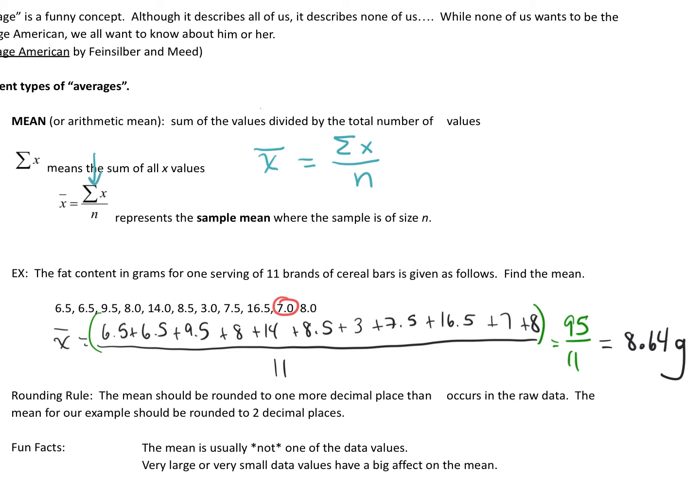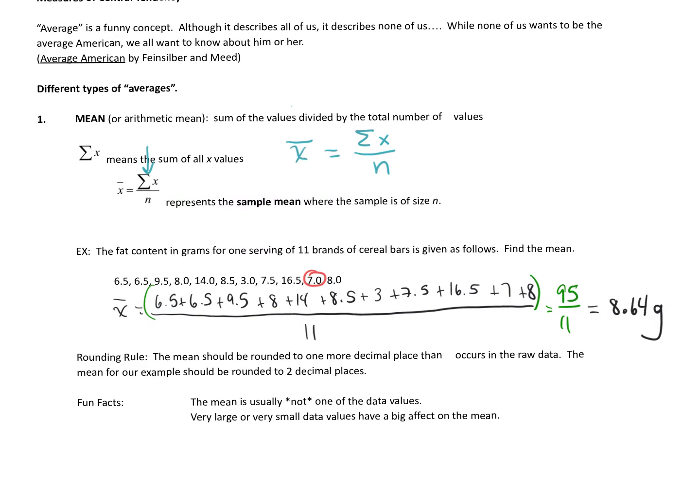Now, very often the mean is not one of our data values. Typically the mean is not one of our numbers. Another thing: if you add a big number or a small number, it will change the mean a lot. So if I added another cereal bar brand that had like 100 grams of fat, it would significantly increase the mean.